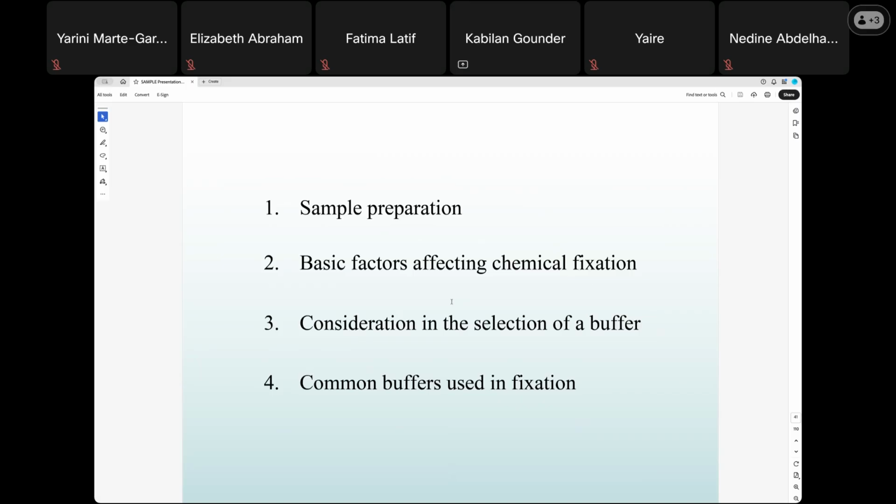During sample processing, what are the basic factors that affect the sample when you preserve it? Also, it is very important to note that the buffer plays an important role in maintaining the physiological activities during the process. And what types of buffers do we commonly use during the process?